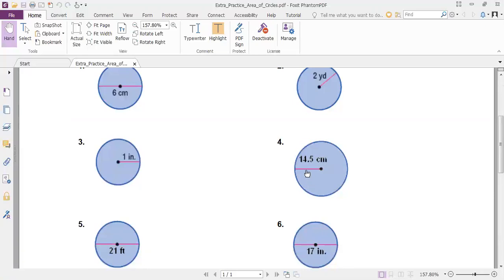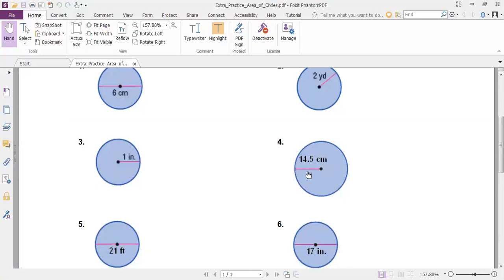Again, Faisal, if I need the area of this circle in question 4, we have the radius here. The radius is 14.5, my friend. Because he gives me the radius, the rule is pi r squared.